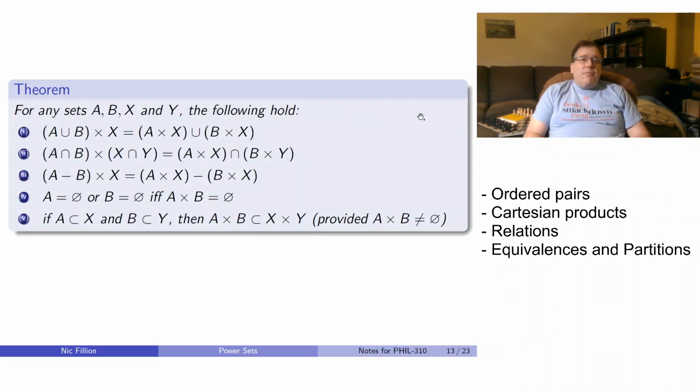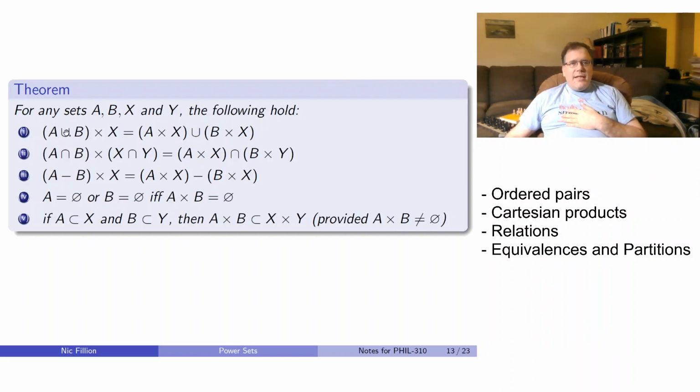Now, there are many important theorems about Cartesian products and how they interact with unions and intersections and differences and things like that. I've listed a few of them right here on that slide. So here's one that's interesting.